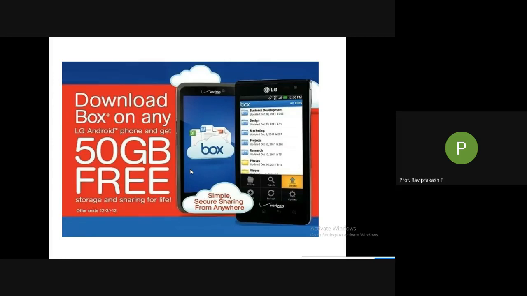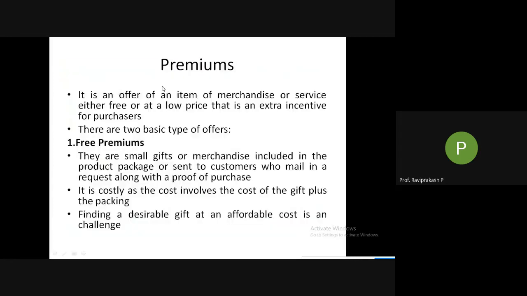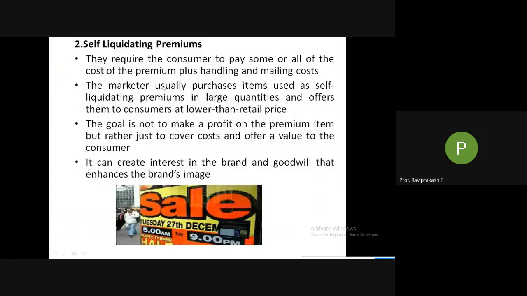As you go on increasing, you can share from one Box to another Box. So it becomes a trend. I have it in my Box. Can you download it? Okay, I'll send it over there. So sharing happens in Box from one app to another app, so that your customer base increases. So this is what you are basically looking at premiums to do. Okay, these are free premiums and self-liquidating premiums.